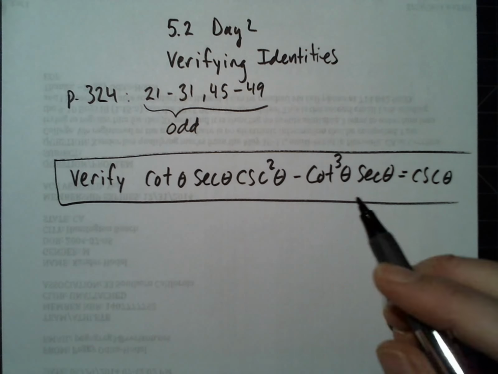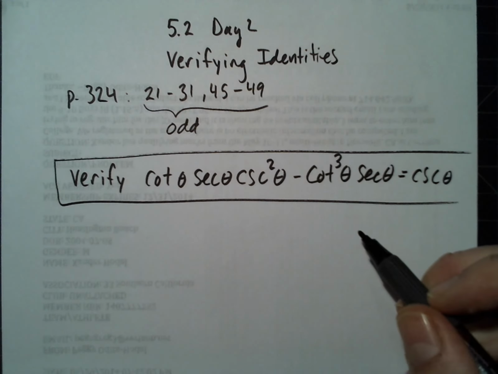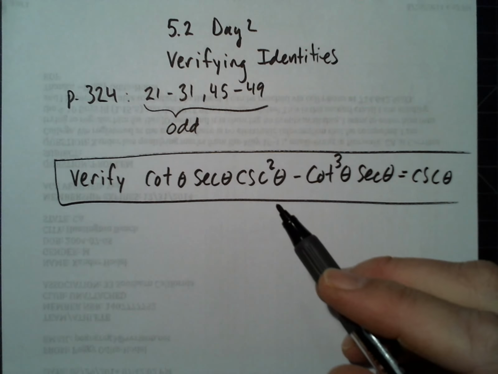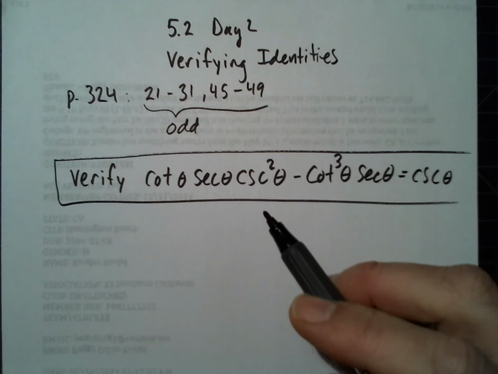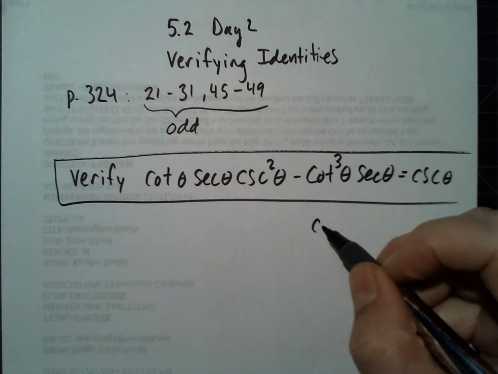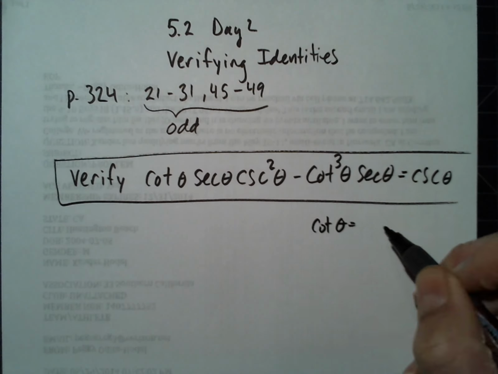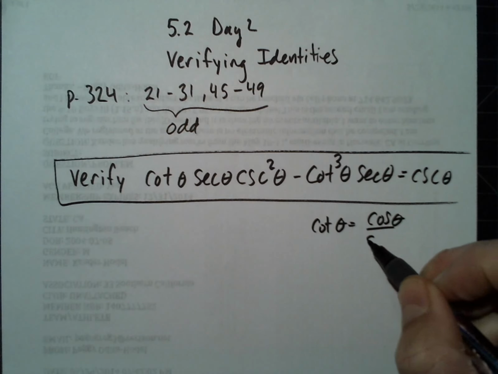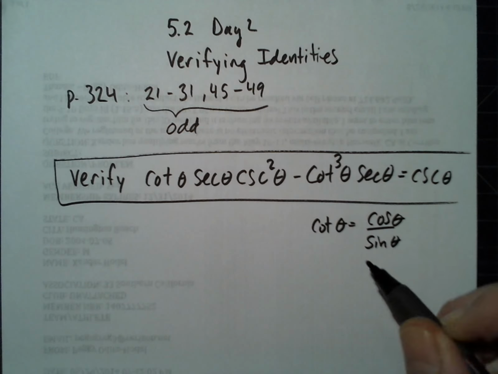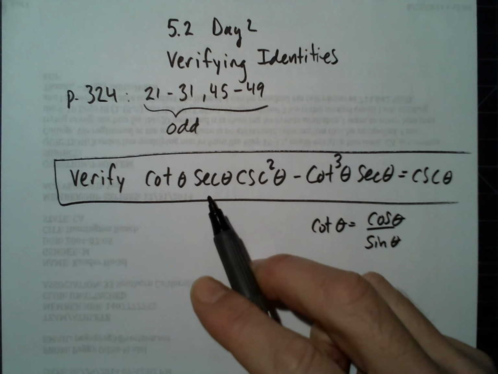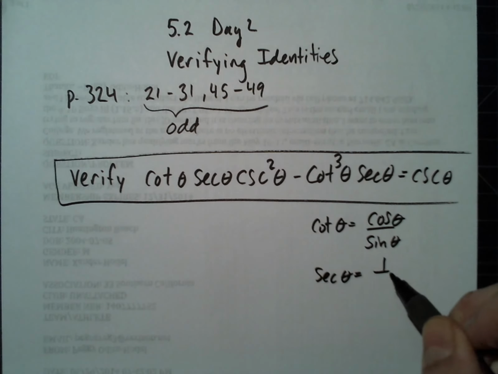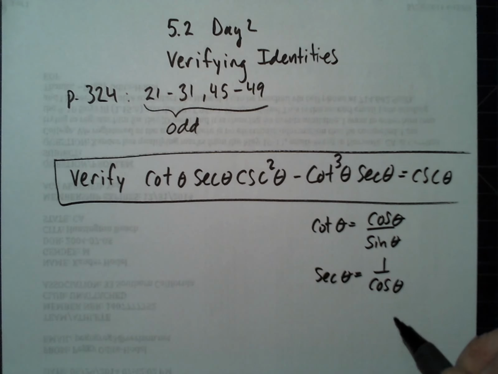Before we get started, let's make a short list of identities that we might use. So if we see cotangent, we might want to use that. And we have secant, so we might want to use that.